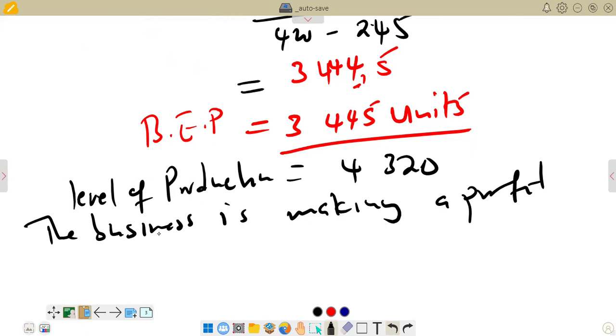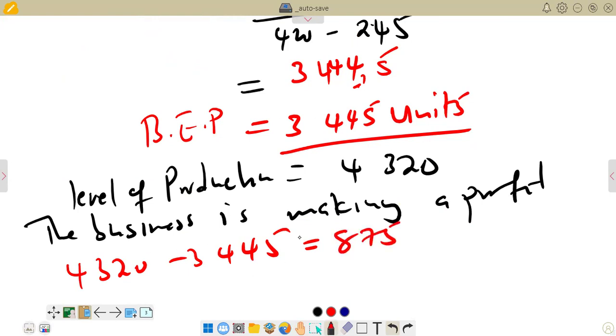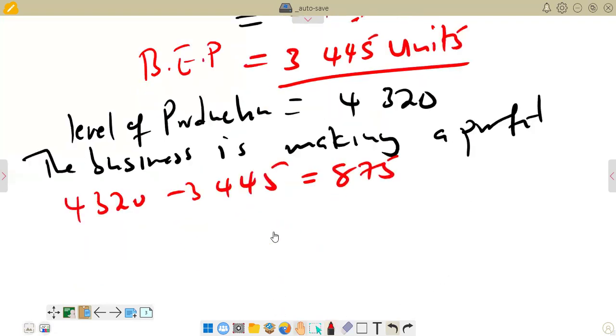So in this case, if you say 4,320 minus 3,445, let's try to see what we get there. You are going to get 875. So it means your answer here is 875. And what does it mean? It means the business is making a profit on 875 units.